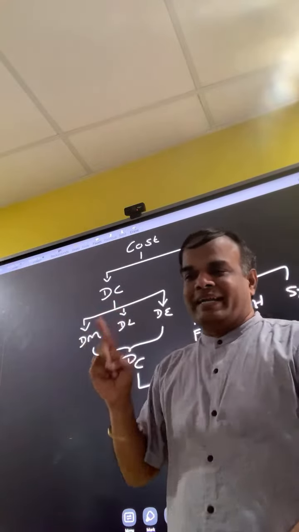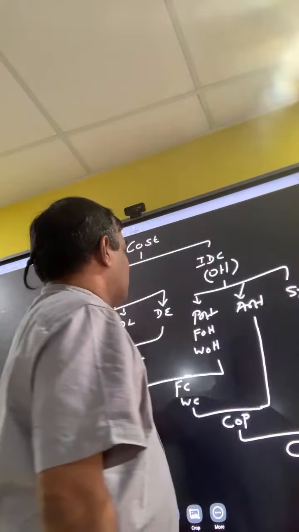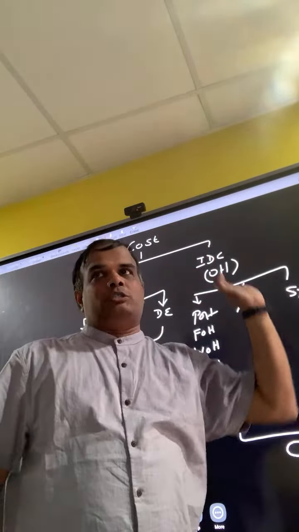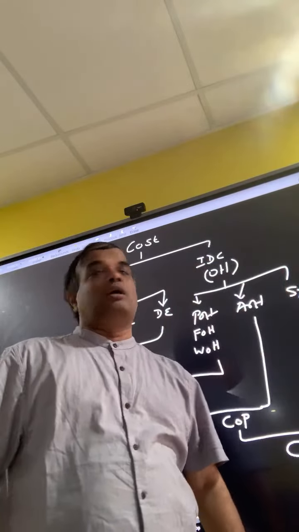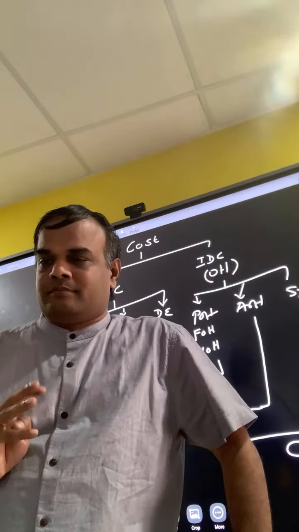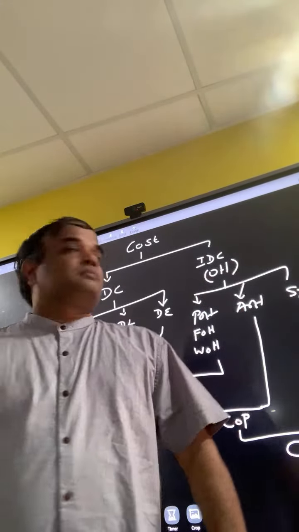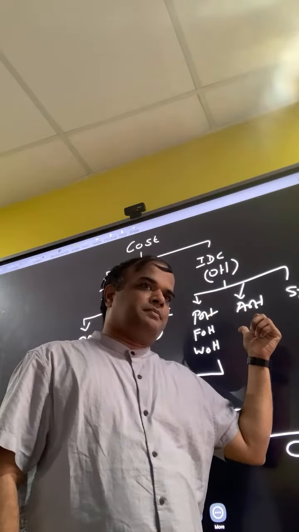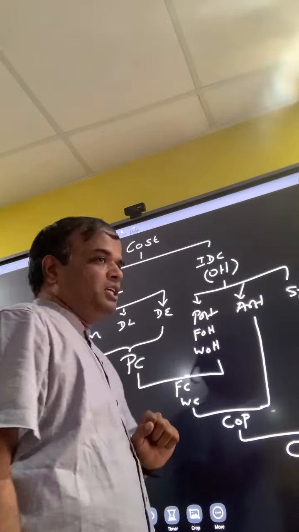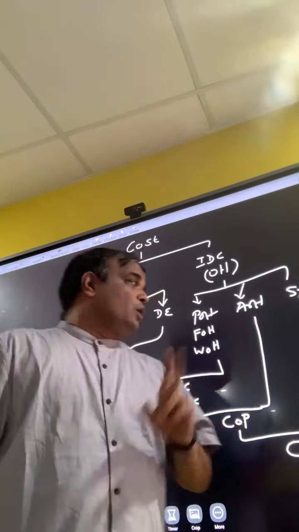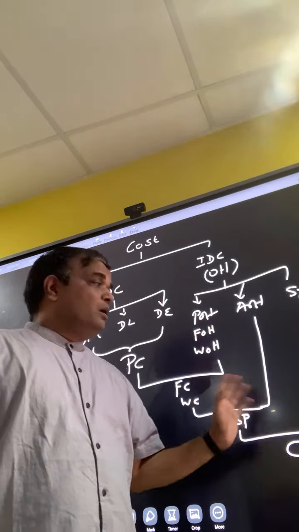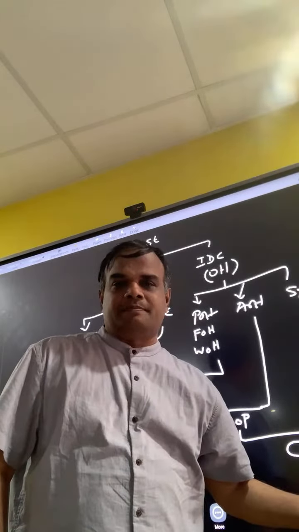Therefore, what is equal to prime cost? Direct material plus direct labor plus direct expenses. What is equal to total cost? Direct cost plus indirect cost. What is equal to indirect cost here? Production overhead, also called factory overhead. What is equal to factory cost? What is equal to cost of production? What is equal to cost of sales?